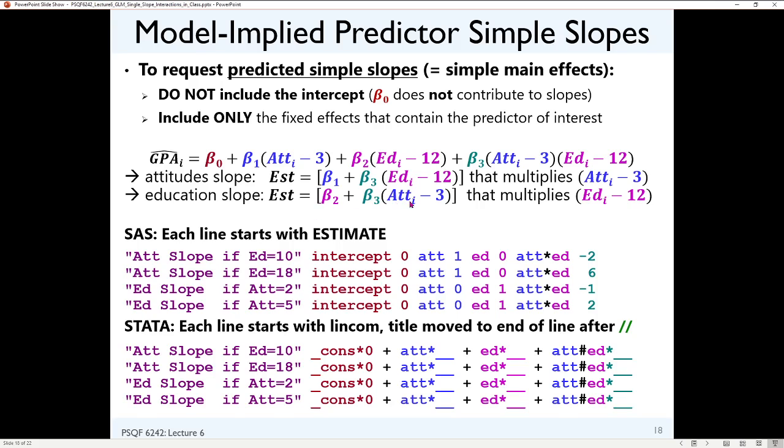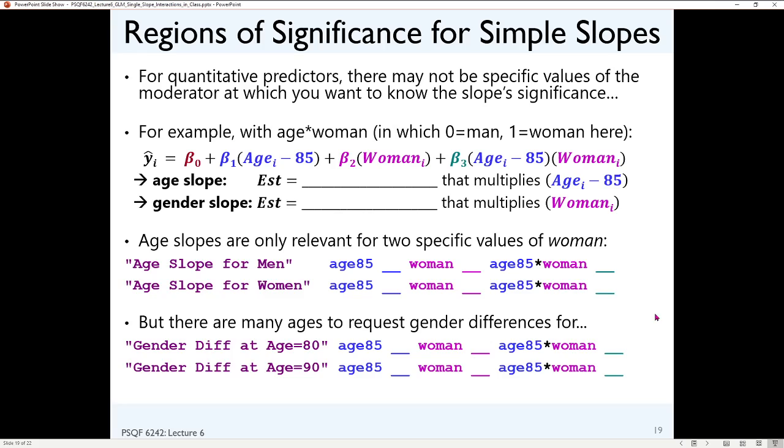We still don't need an intercept. We do not need a main effect of attitudes because we're trying to get the slope of education. We do need the main effect of education, and we do need to give the value of the moderator, which in this case is attitudes. Attitudes of 2 is 1 less than the centering point, so that's why this is -1. And attitudes of 5 is 2 more than the centering point, which is why this is 2.